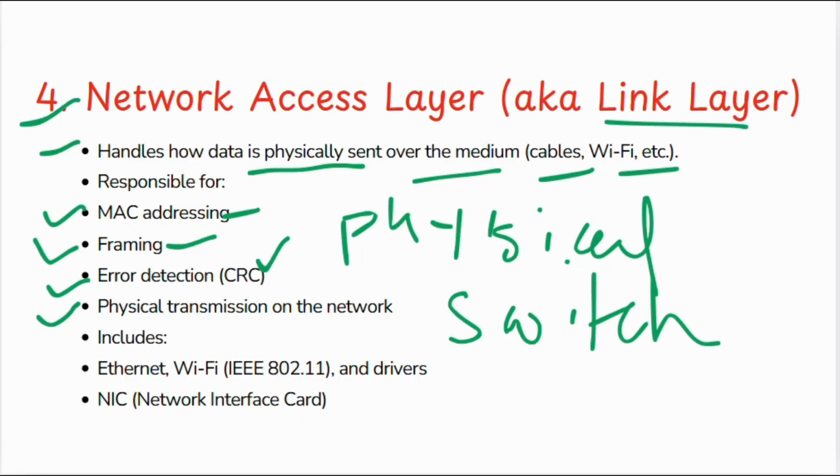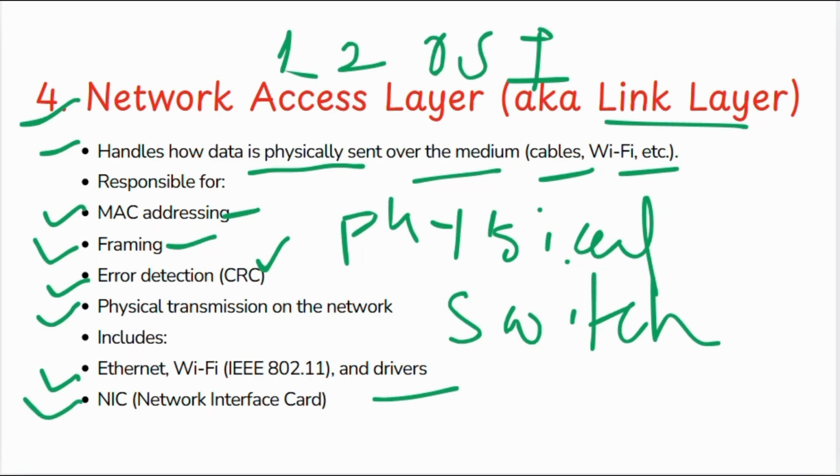So basically this layer combines the first and second layers of the OSI model, the data link layer and the physical layer. It includes Ethernet, Wi-Fi, drivers and the NIC, network interface card. So basically this is related to hardware and switches.